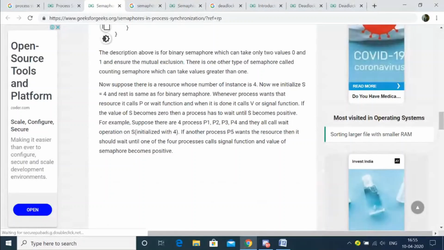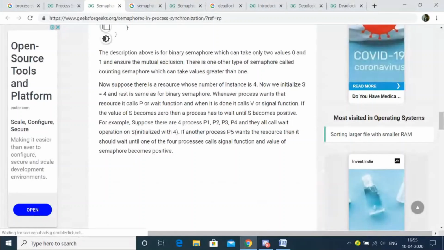Hold and wait. This is also the same as the diagram. A process is holding at least one resource. It has been allocated one resource, but it is still waiting for some other resource. It is holding the current resource and waiting for another resource which is not available.